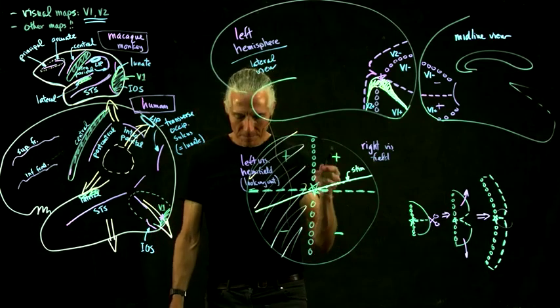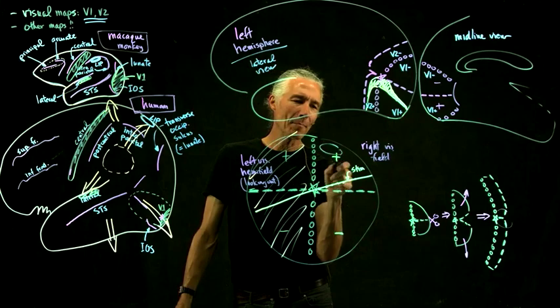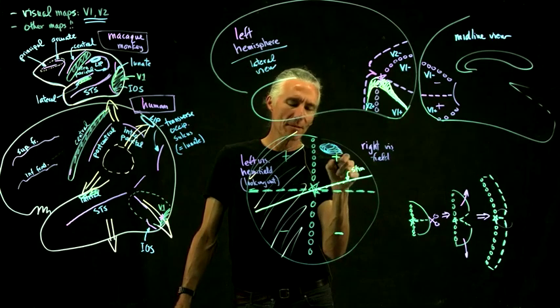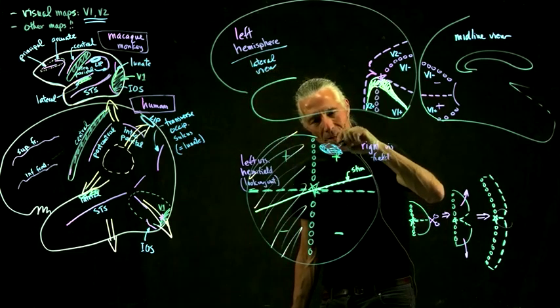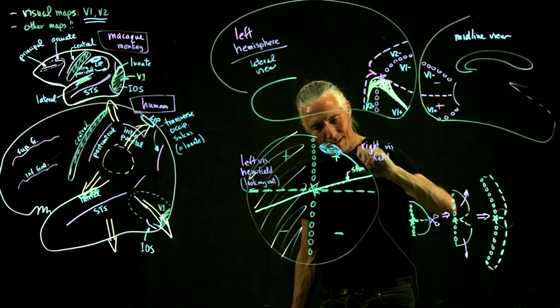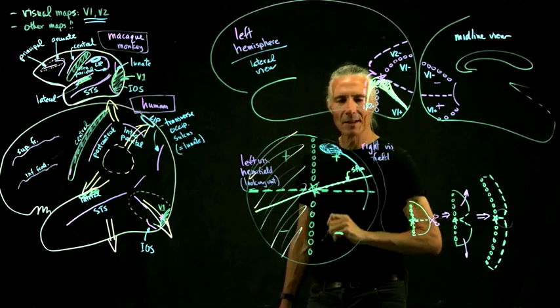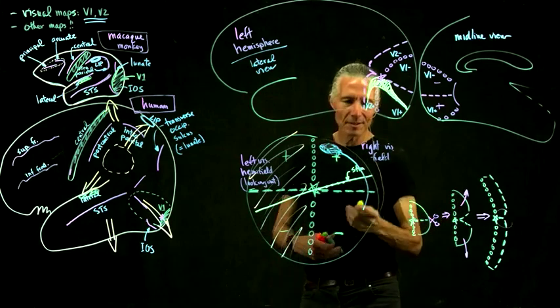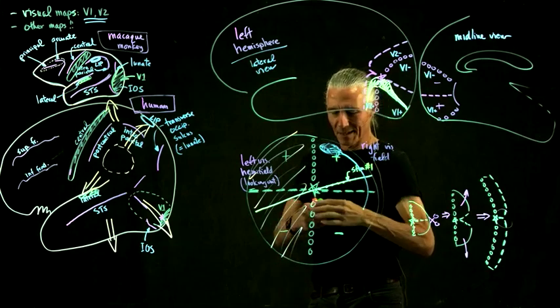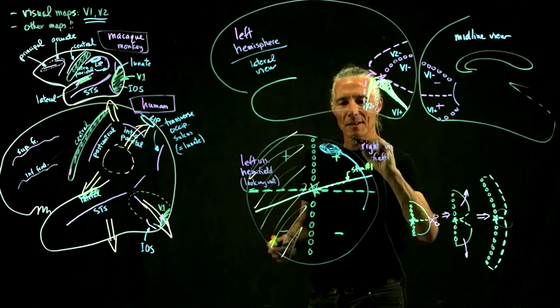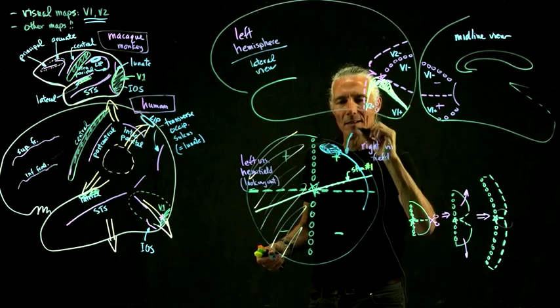What if we had like a big thing out here near the upper vertical meridian, and then we had a little tail coming out of it like this that went down. So this guy was stem number 1, and this guy is stem number 2.